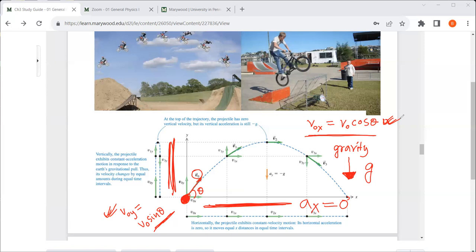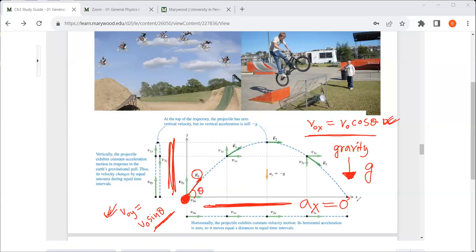So we can have acceleration only along the vertical direction. There will be no acceleration along the x-axis, so ax will be 0.